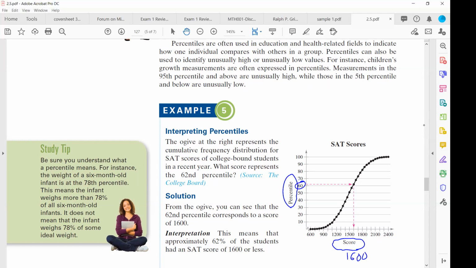So about 60% of the students who participated in the exam got lower than 1,600. So suppose you had 1,000 students participate in an SAT exam.